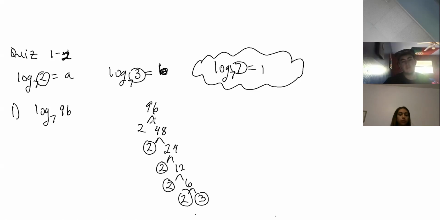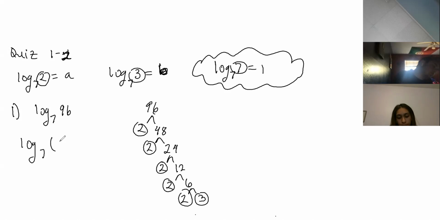We're going to use 1, 2, 3, 4, 5. So log base 7 of 2 to the 5th times 3, which makes sense because 2 to the 5th is 32, and 32 times 3 is 96. Does that part make sense? And then you use your log laws.